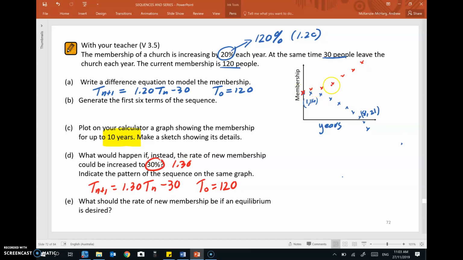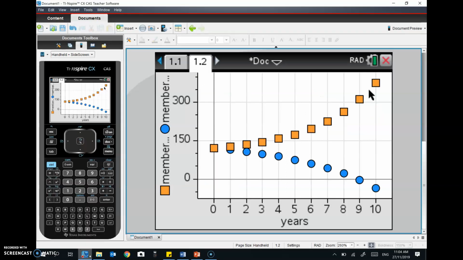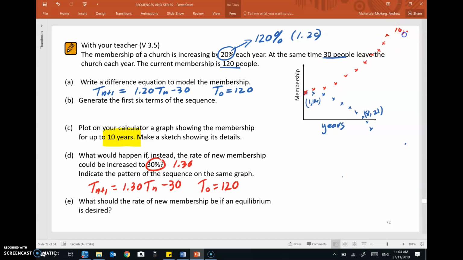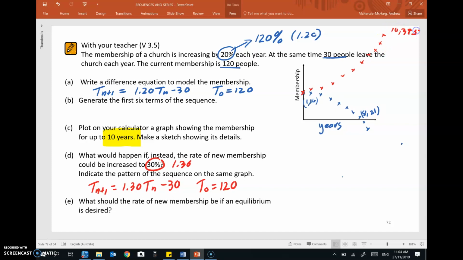One, 2, 3, 4, 5, 6, 7, 8, 9, 10, 11. Okay. So let's label a couple of these points. This one can be 10 and 375. That'll do. Okay, that doesn't look very good, does it?